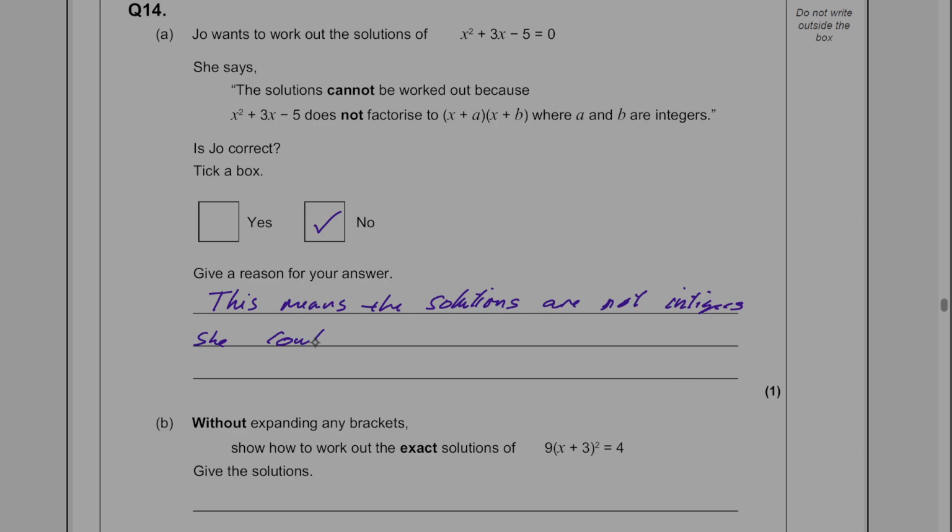She could solve by completing the square or using the quadratic formula.